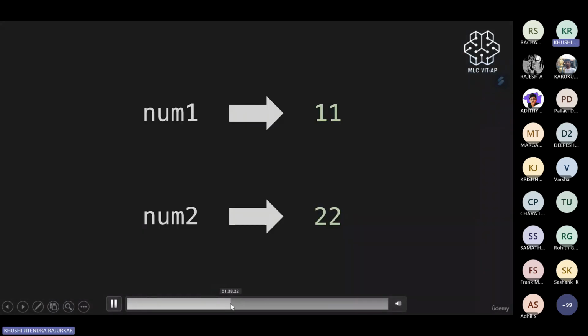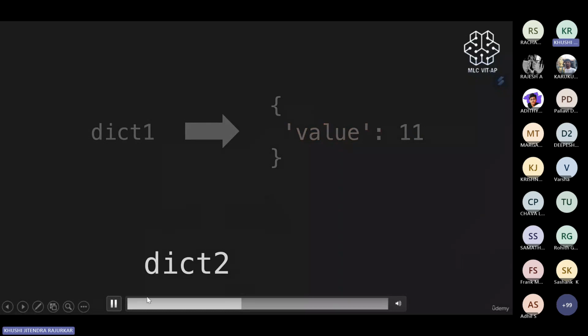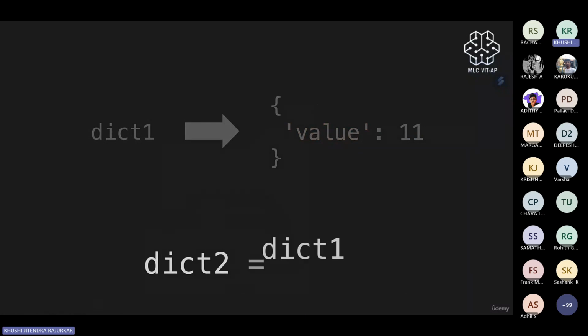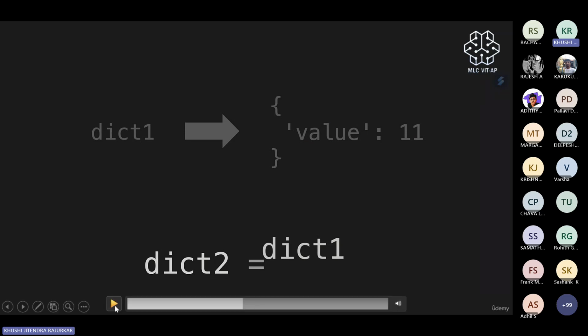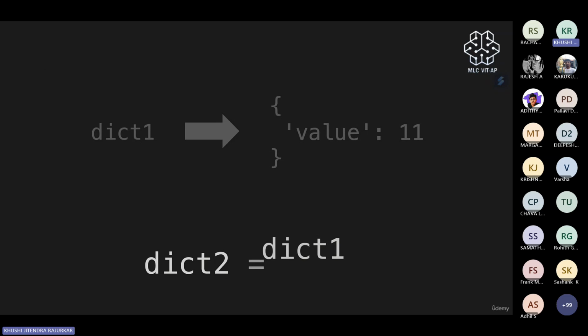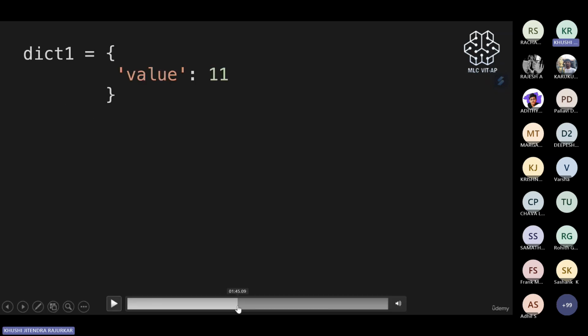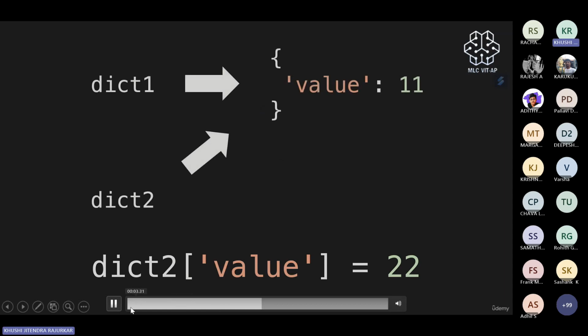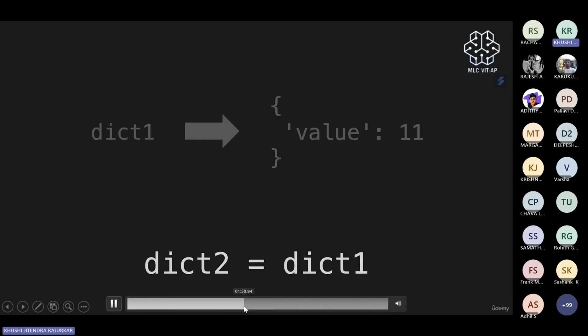For example, you take dict1 with a value equal to 11, and then take another dictionary and equate it to dict1, so it's pointing to the same dictionary. After we run this code, we can see what happens.